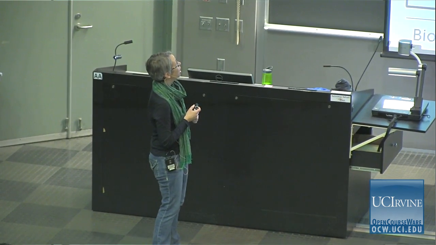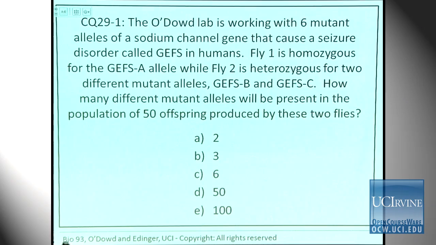Why is it mutant? Okay, so because the lab is working with 6 mutant alleles. So I understand your point. That's a reasonable point. So it could have been that this one had 1 wild type and 1 A. So questions like this are really tricky to write, and I may have changed the question a little bit from its original and messed that up. But that's a good question.